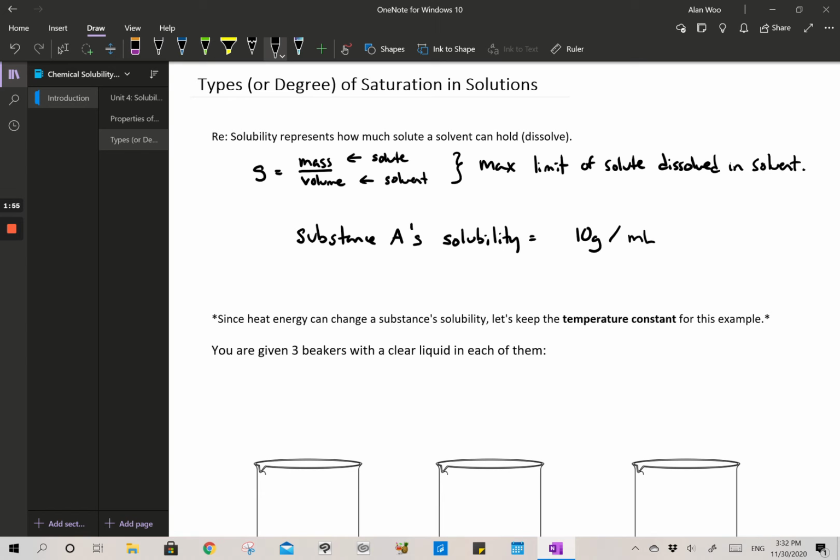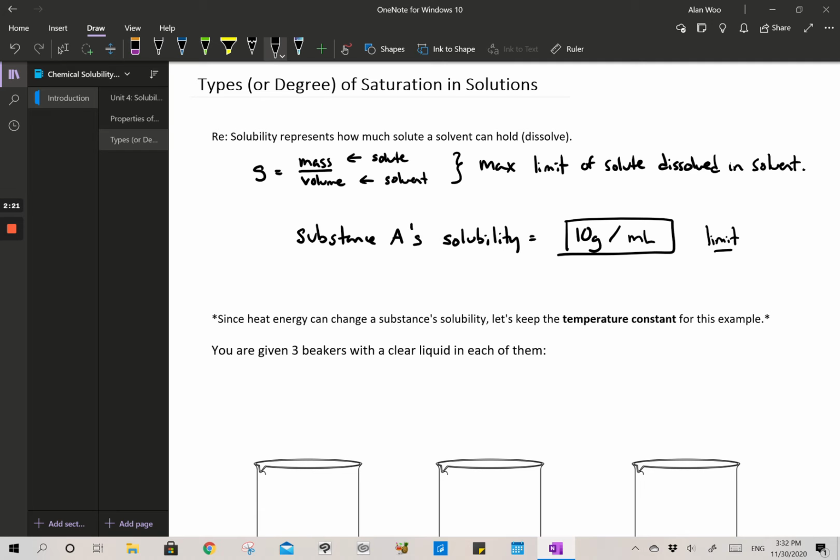So if we had 50 milliliters of solution, the maximum amount that we can dissolve would be 500 grams, right? So this gives us a limit in terms of how much a solution can hold.